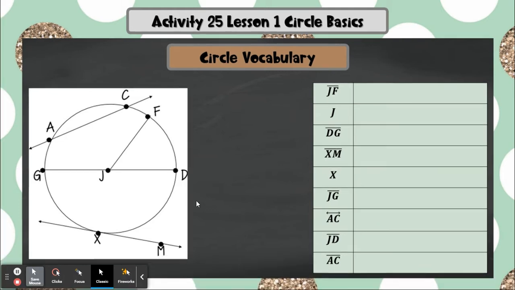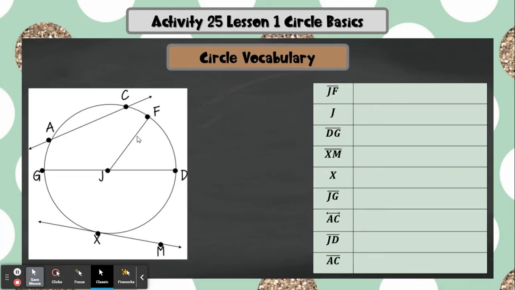So right here, we're looking at JF. It starts at the center and ends on the circle, so we call this a radius. Okay, the next thing, we just have a single point J. Remember, this is the center.